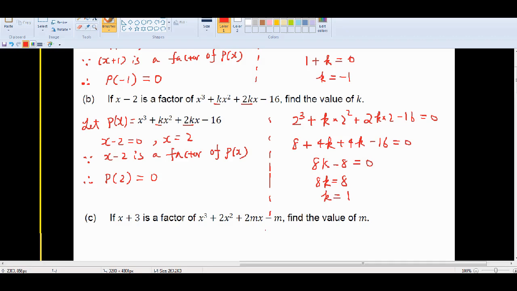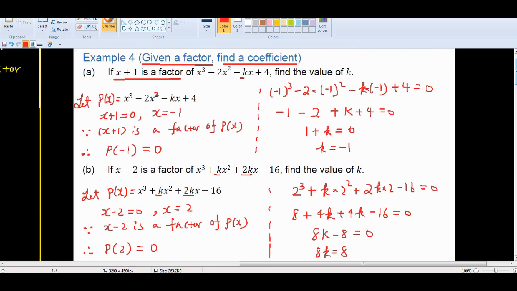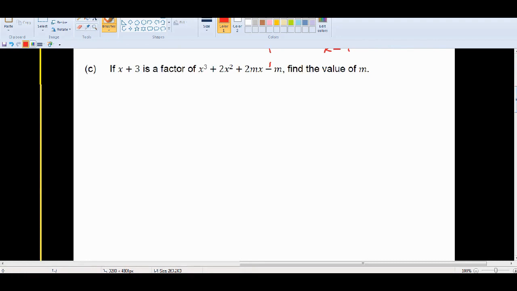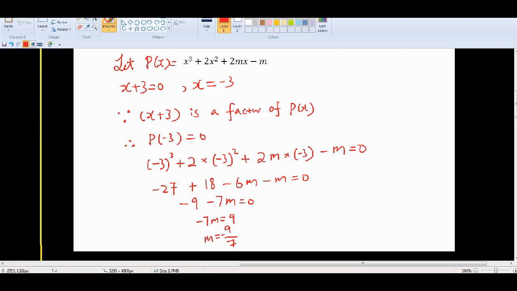So that will be my second demonstration of how we could find the coefficients. The last one, I'm going to give you a chance to try. Let's pause the video now and try to do it, and then check the answer afterwards.